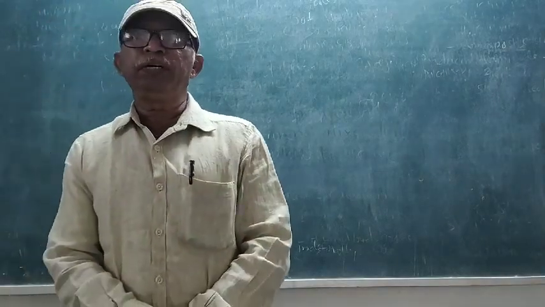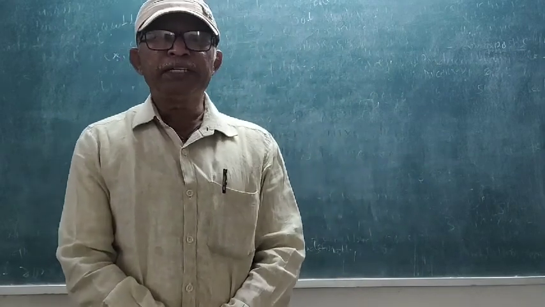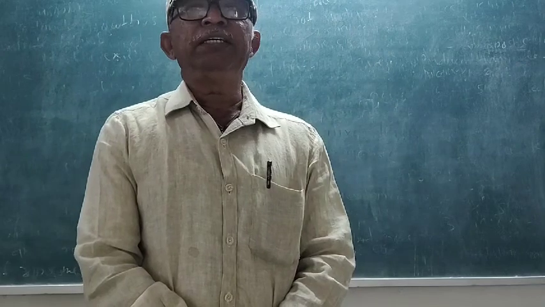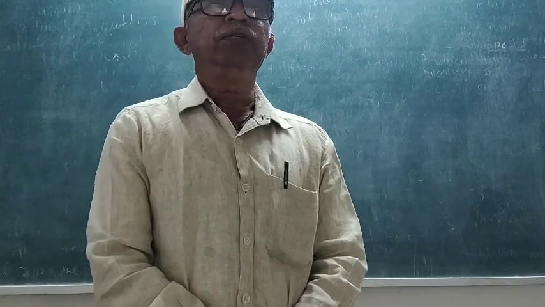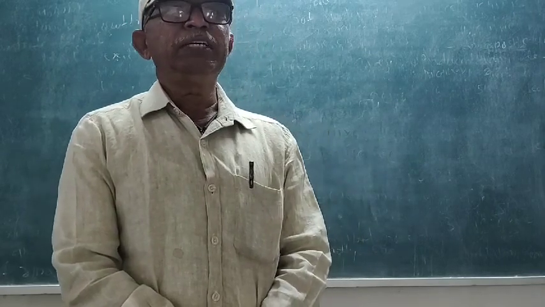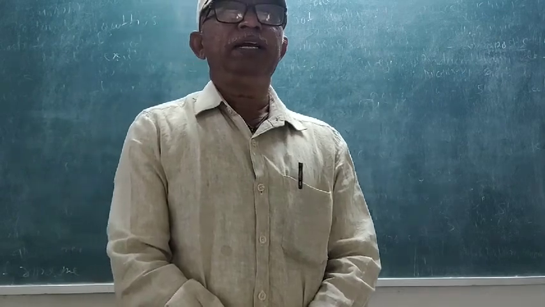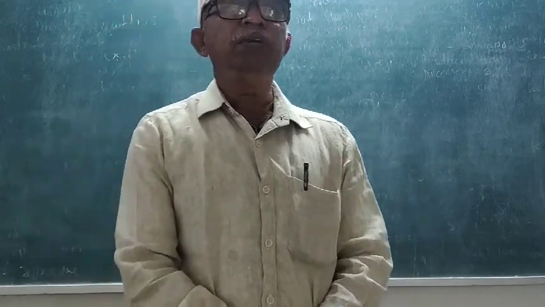Good morning, students. In the last period, we studied the different types of phyllotaxy. What is phyllotaxy? It is the mode of arrangement of leaves on the stems. We studied three types: alternate, opposite, and whorled.